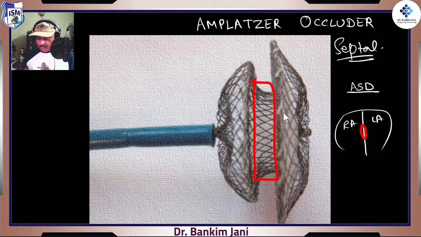This device has two sides. I'll write them as 1 and 2. 1 is bigger, 2 is smaller. 1 has to be bigger on the side where there is more pressure, so we'll keep it like this, and the second part would be lying like this. That's how the whole device would go, and this will occlude that opening.